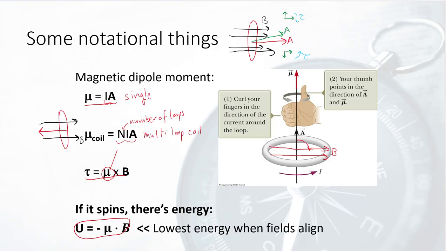So this is B, and this is A. What happens now if we displace it slightly from equilibrium? So up or down, what happens? Now at equilibrium, no torque because we're perfectly anti-parallel.